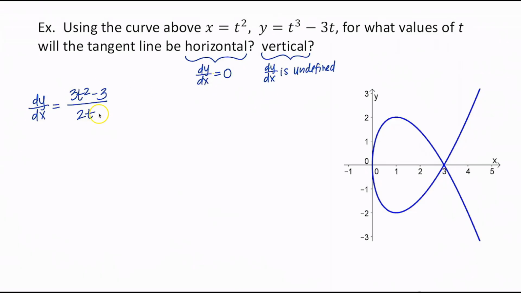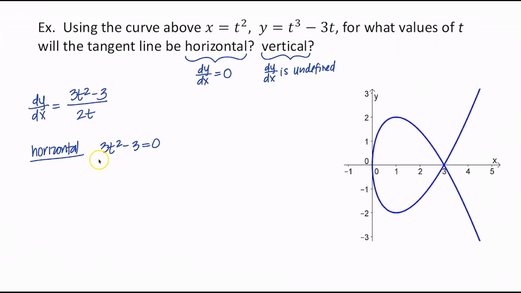So if we want to find when this is equal to 0, it's when the numerator is equal to 0, as long as that value doesn't make the denominator equal 0. So for the horizontal part, we're going to solve when 3t squared minus 3 equals 0. For this quadratic equation, I could solve it in a few different ways.